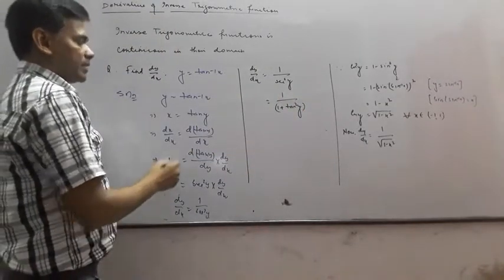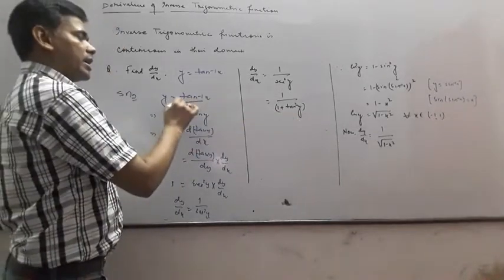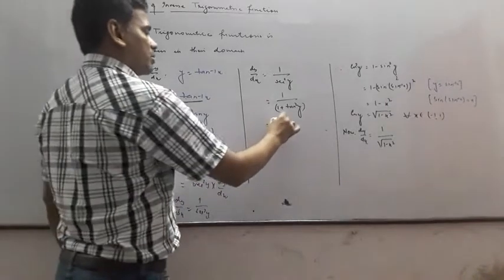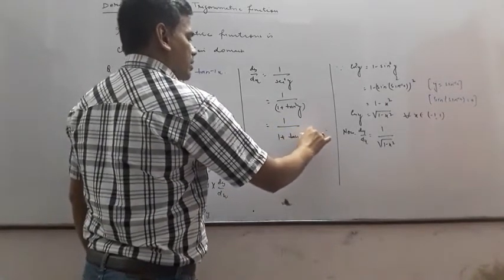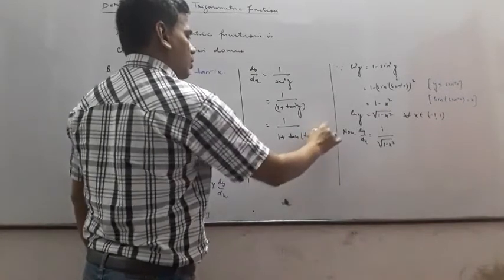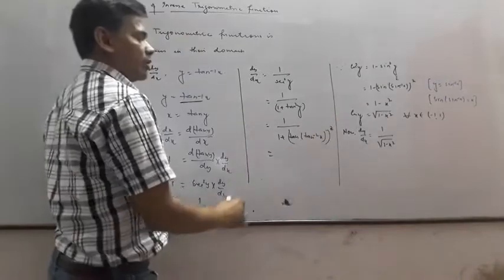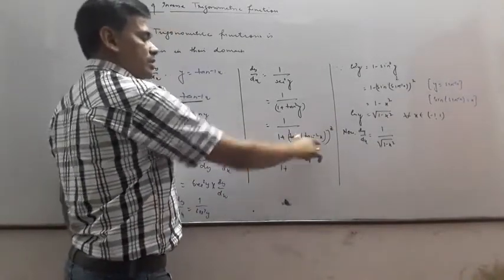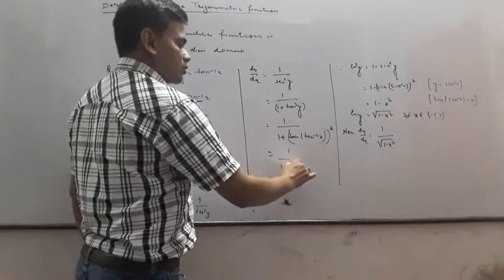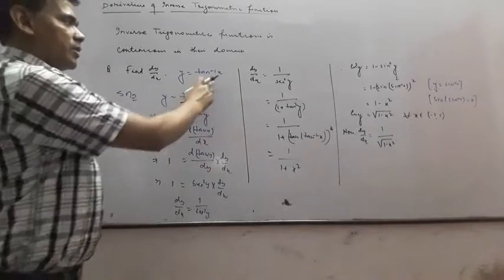Now we replace y with tan inverse x, so 1 by 1 plus tan inverse x whole square. And tan of tan inverse x is nothing but x, so x square. This is the differentiation of tan inverse x.